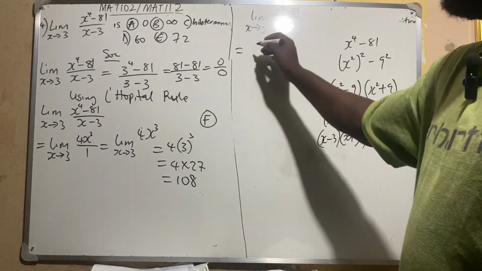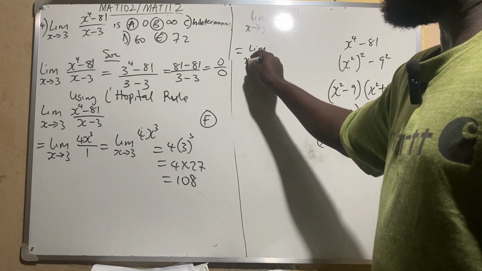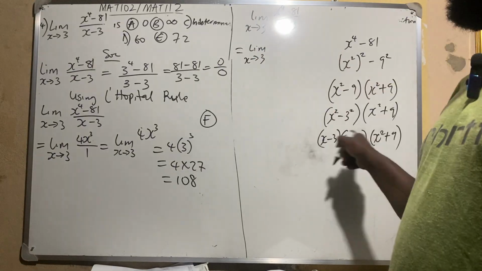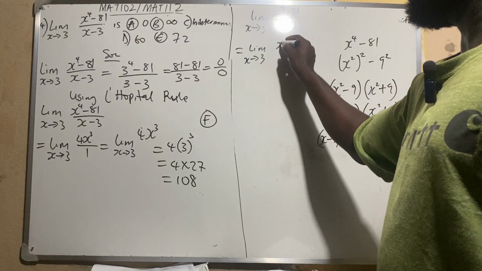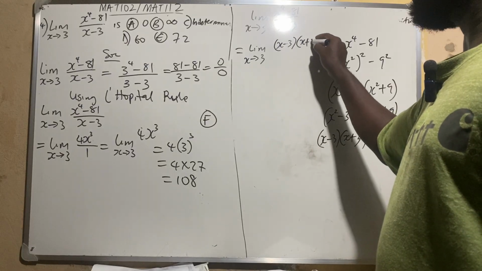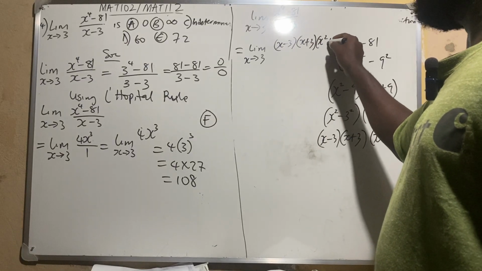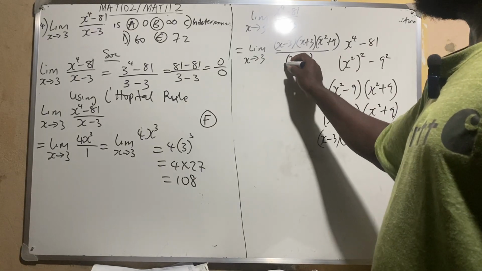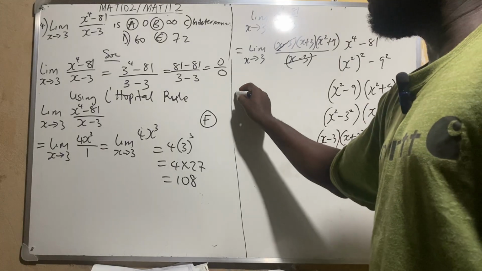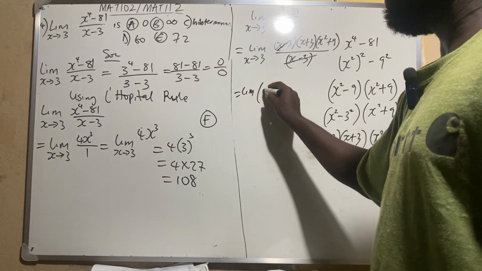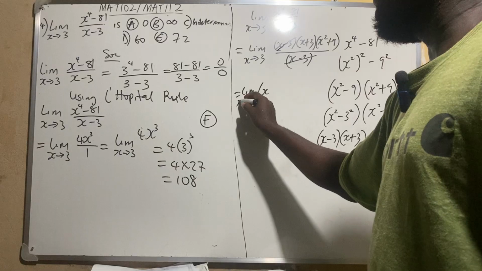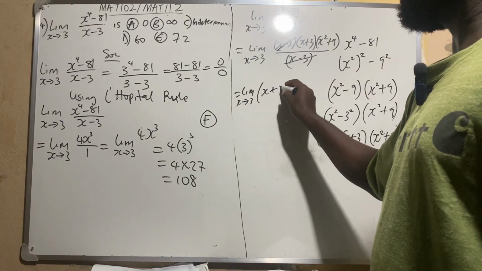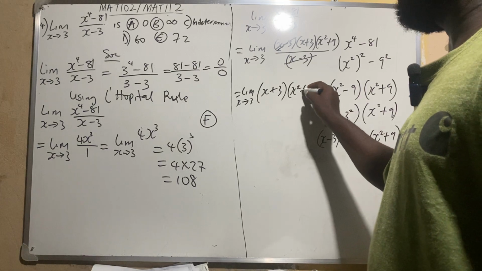If we put it there, this means that the limit as x approaches 3, instead of writing the one above, I'm now going to write x minus 3, x plus 3, and x squared plus 9, all over x minus 3. Now if you look at this, this can take care of this. So I'm now left with the limit as x approaches 3 of x plus 3 and x squared plus 9.